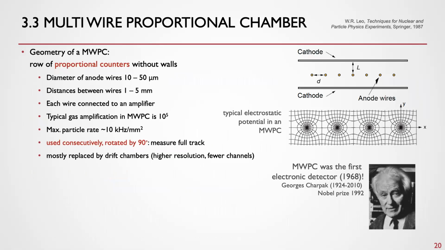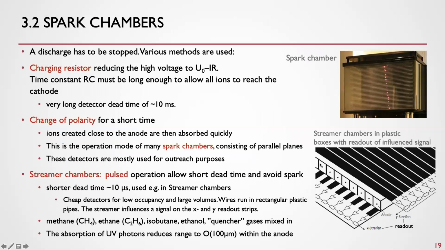However, we have to move to particle physics detectors, and we start a little bit historically, because the multi-wire proportional chamber comprises many of the design criteria that we discussed so far. So think of the streamer chamber here.